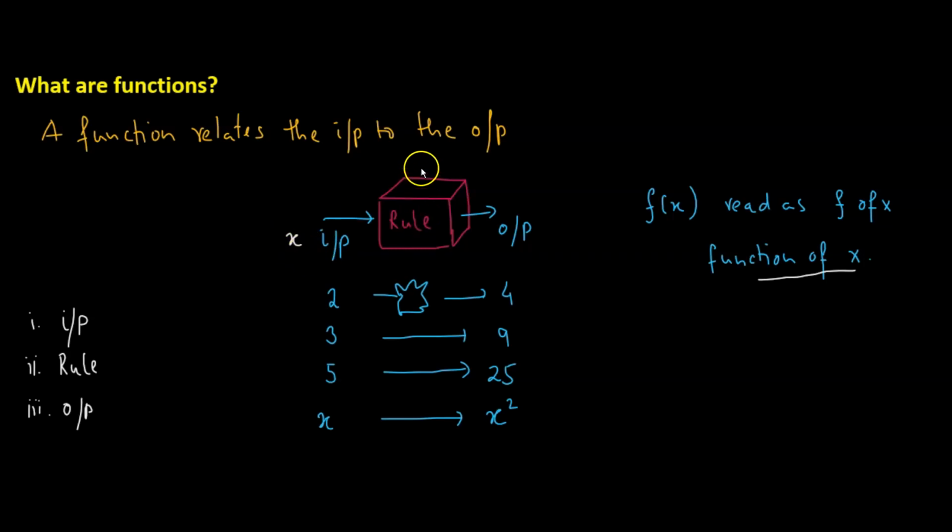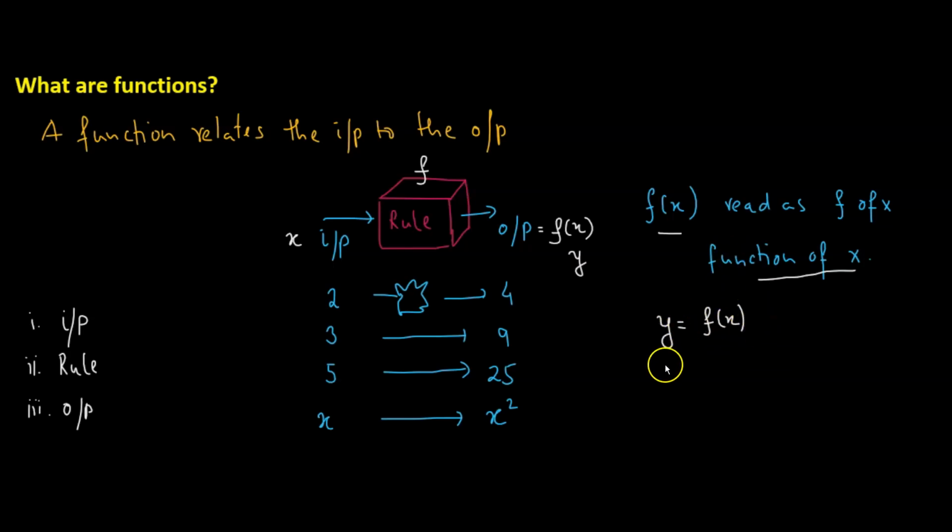Then what happens? This rule is the rule f. Now this particular function or the rule applies on x, so that's when we call it f of x, and that is going to give us the output. So generally the output is a function of x, f of x, and sometimes it's also referred to as the output y. Right? So that means we can say y is equal to f of x, where y is a function of x.